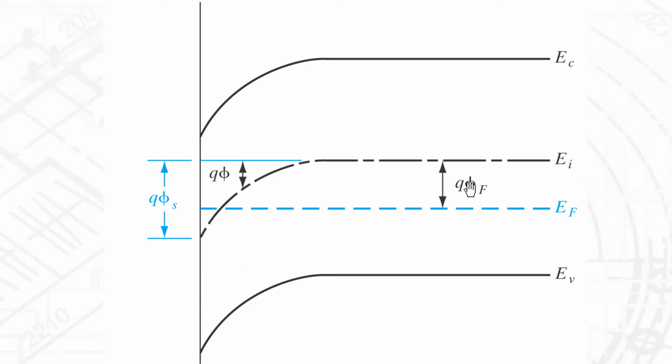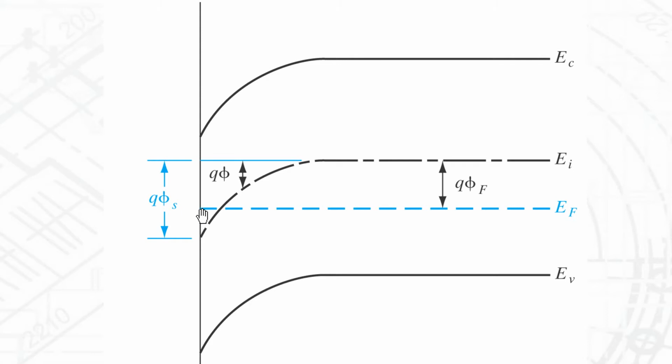So we want to make the material n-type at the interface. And how n-type do we want it to be? We want it to be as n-type as the rest of the substrate is p-type. The way it looks in the diagram is that this distance here, EI minus EF in the substrate, has to equal this distance here.